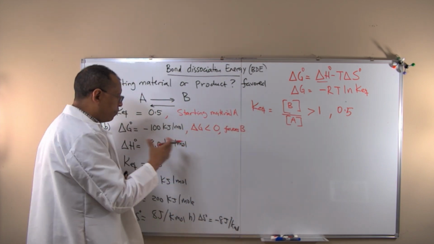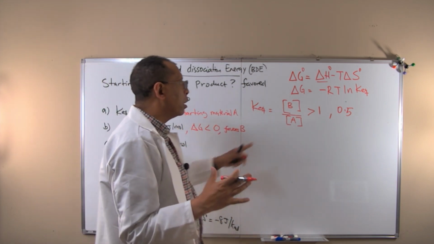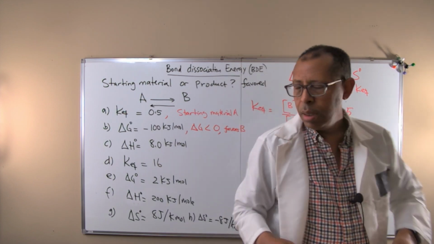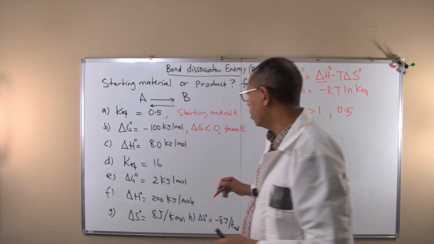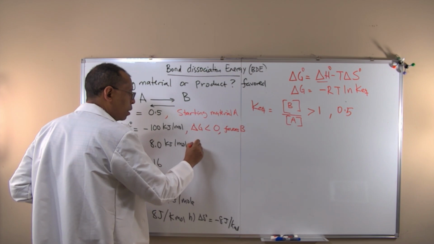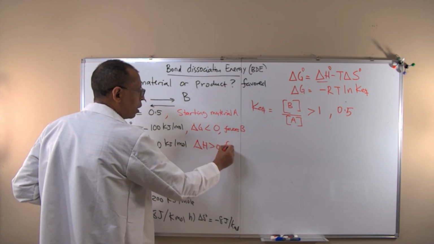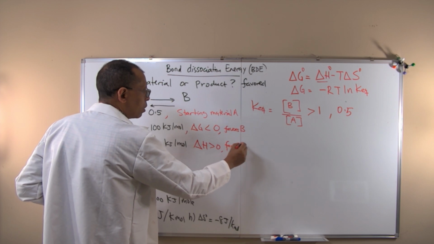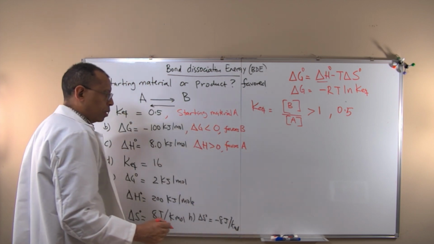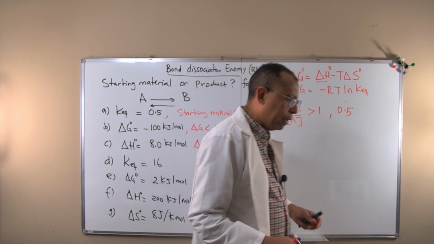So, considering only the enthalpy of the reaction, delta H is greater than 0, meaning it favors backward. It's not exothermic in the forward direction. It favors A.